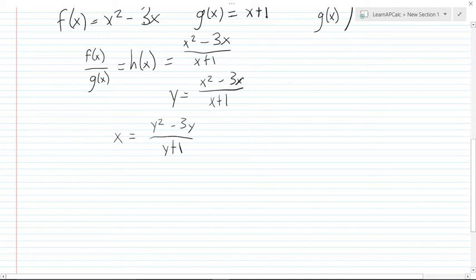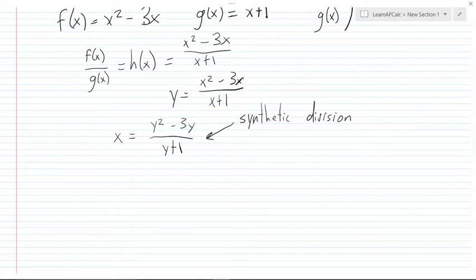Now here what I would do is do synthetic division, and then I would solve that and I would see whether this is a function. But we're not here to talk about it, so we're just going to skip that and go on to sort of calculus-based questions.